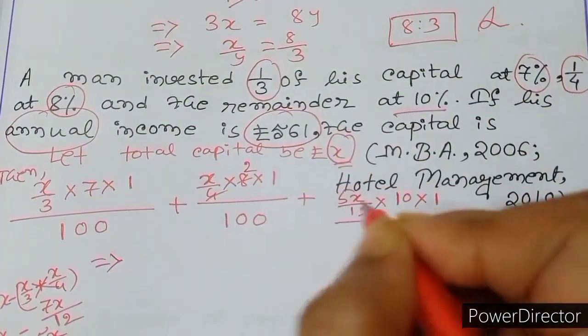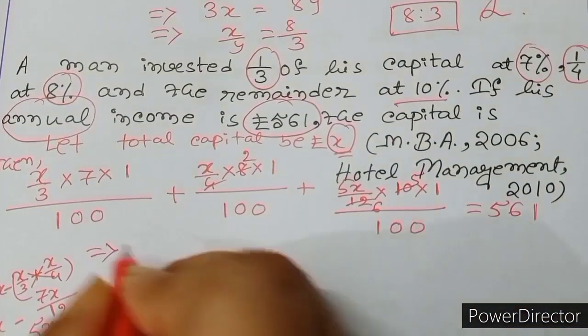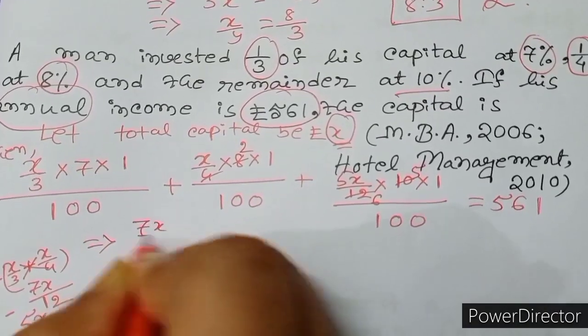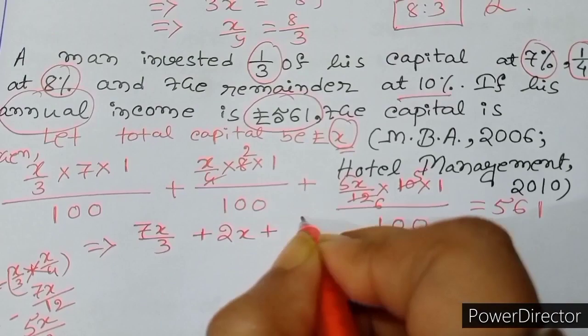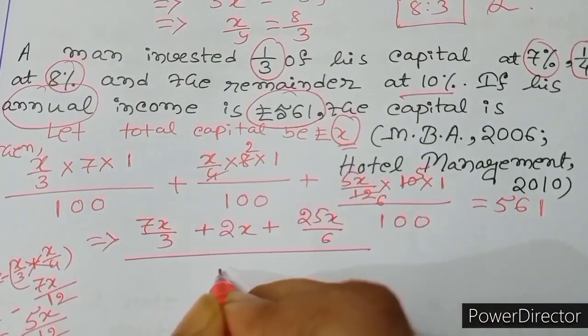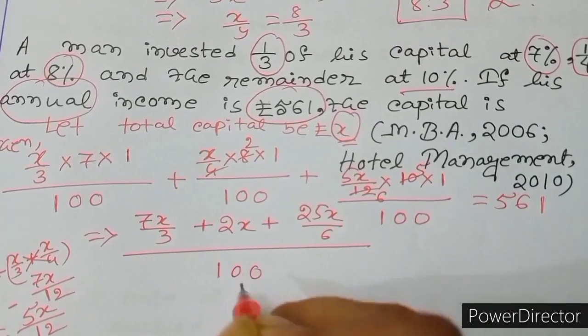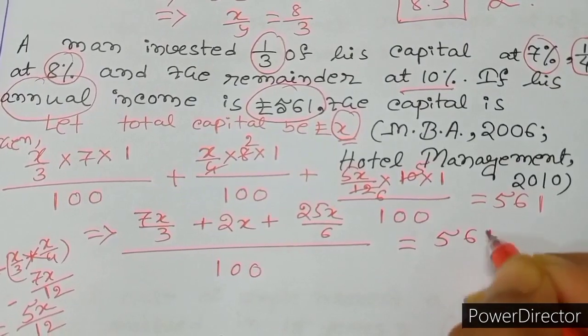So this gives 7x by 3 plus 2x plus 25x by 6, whole divided by 100, equal to 561.